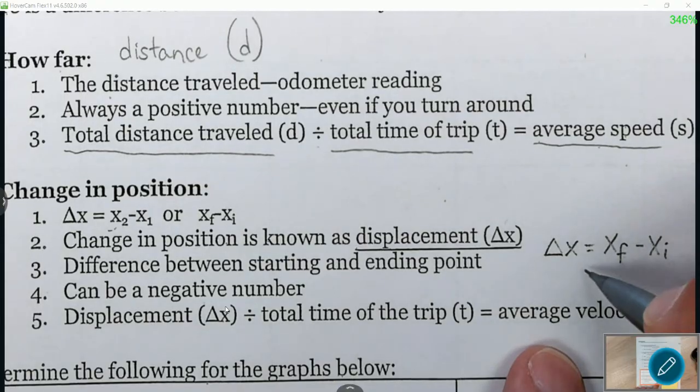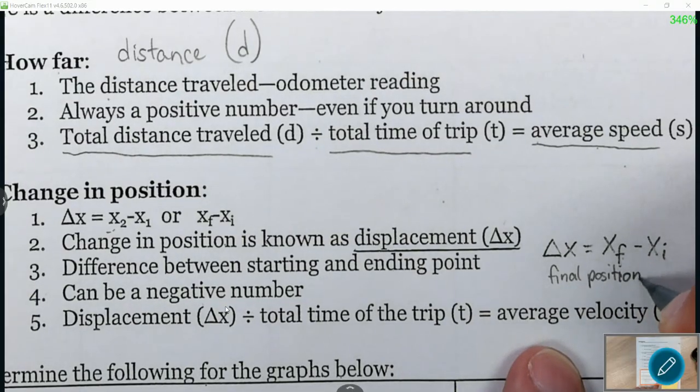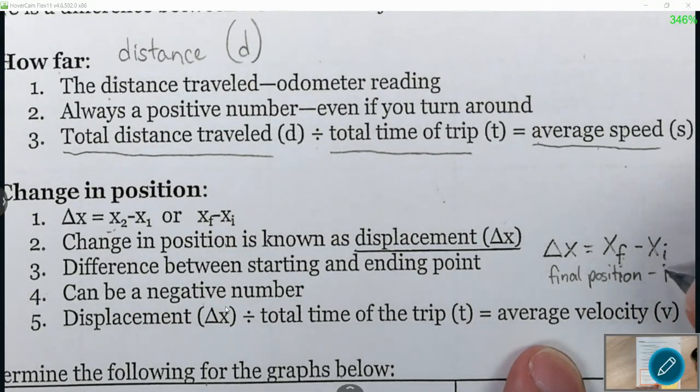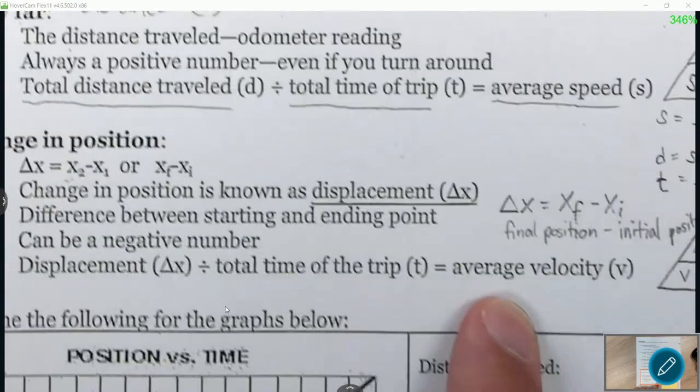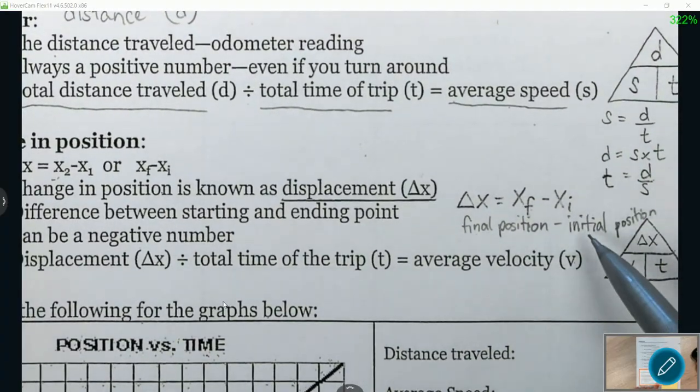The x subscript f is your final position, minus your initial position. So your ending point and your starting point.